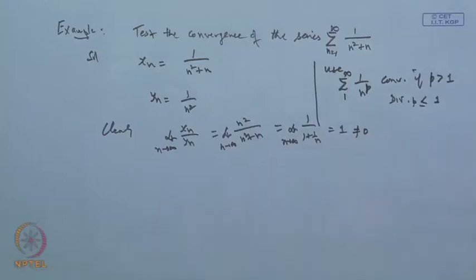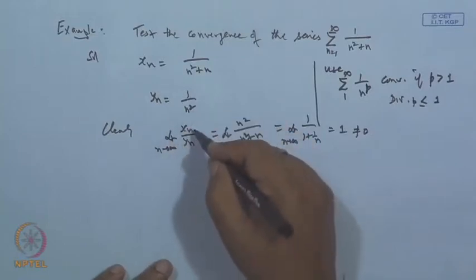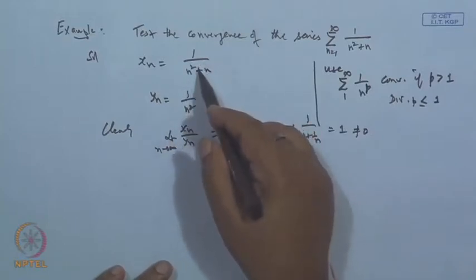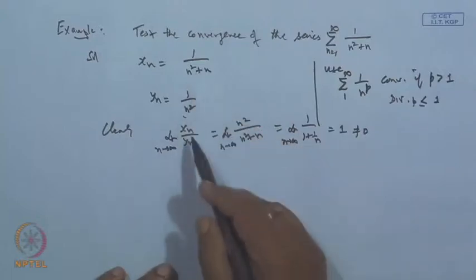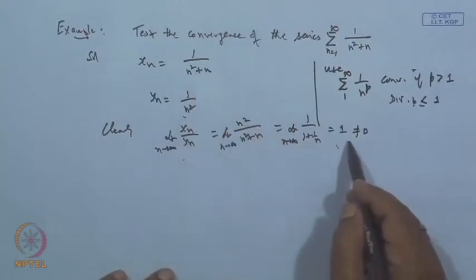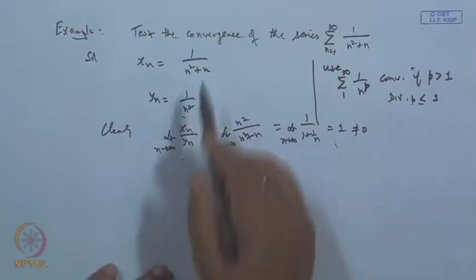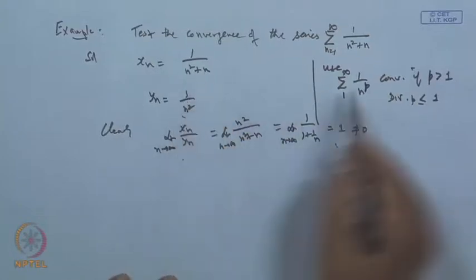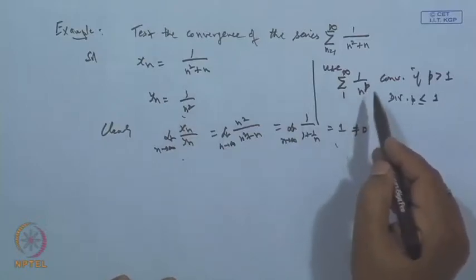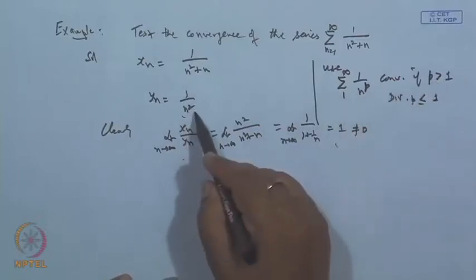is 1, which is different from 0. So, what we see here is that if x n and y n are both strictly positive sequences of real numbers such that the limit of x n over y n exists and is different from 0, then this series is convergent if and only if that series is convergent. But that series is of the form sigma 1 upon n to the power p, where p is greater than 1, so the series converges.